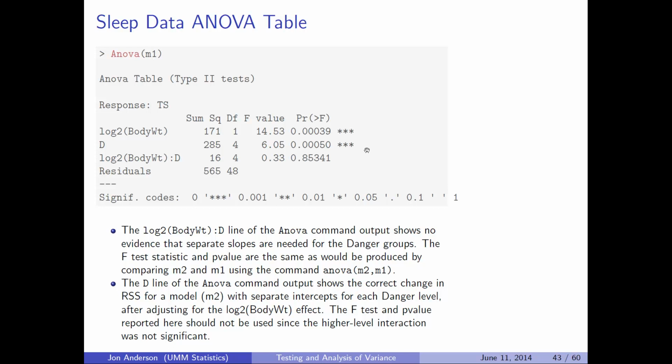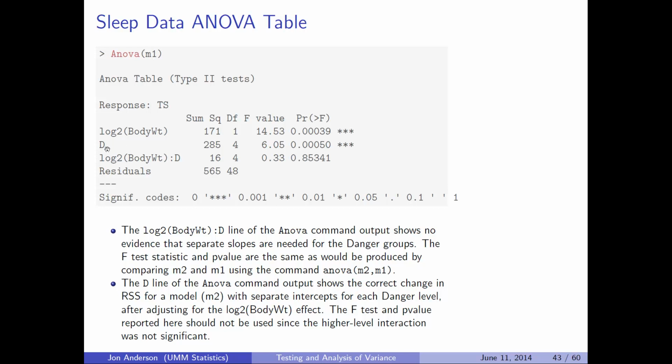The D line here is, of course, addressing the issue about whether we need separate intercepts by danger group. And this sum of squares is, of course, the right sum of squares for dropping the intercept adjustments from a model that would have a log 2 body weight effect.